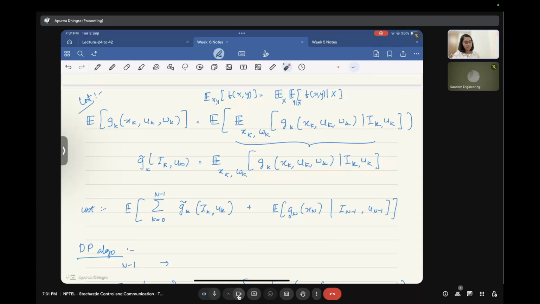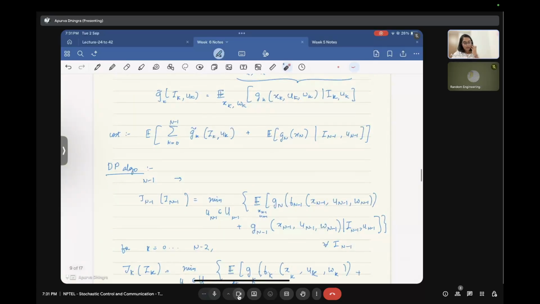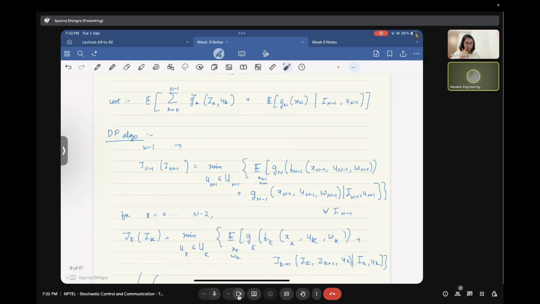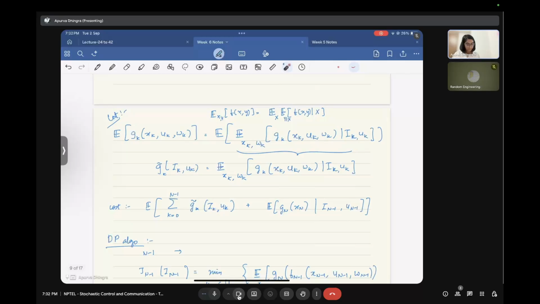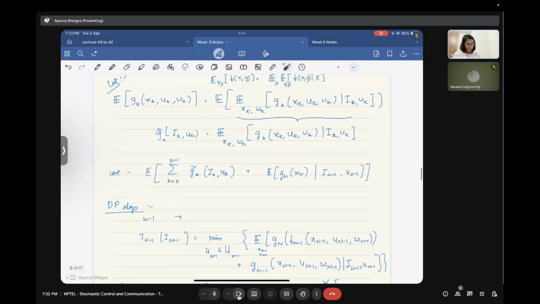So the idea of DP here is, we don't start from the terminal, we start one step before that. This logic I did not understand in the class. Like why? Should be conditioning on all the information and the action. There is no action to be taken.